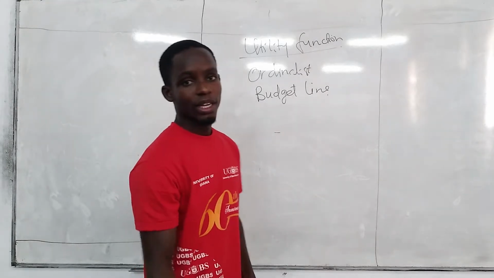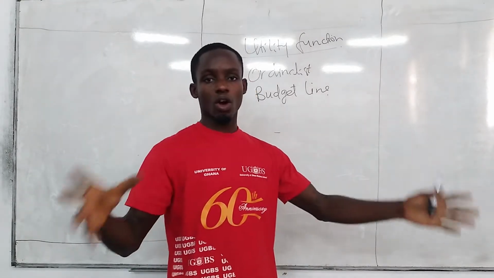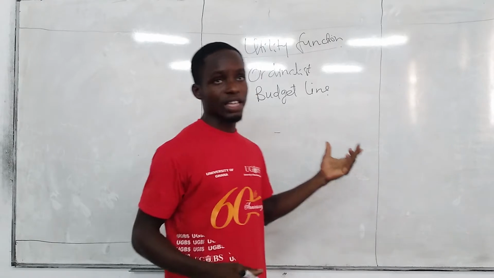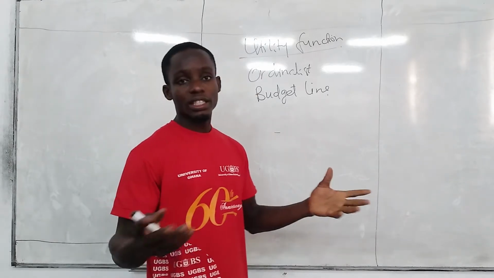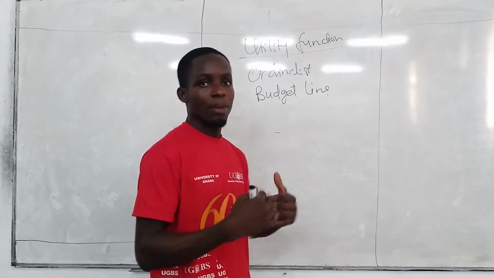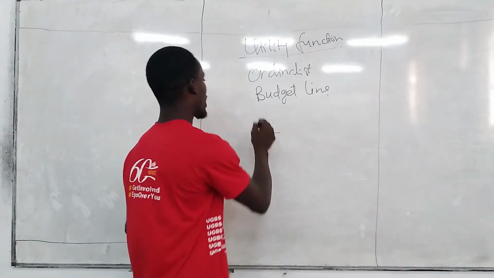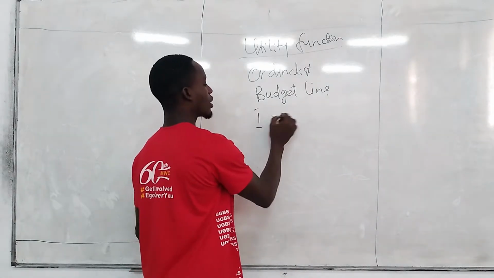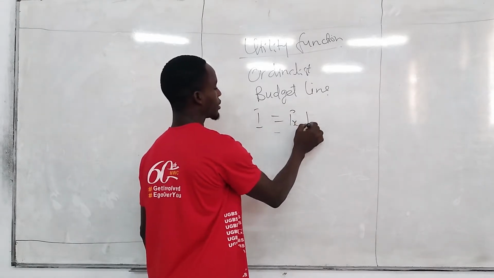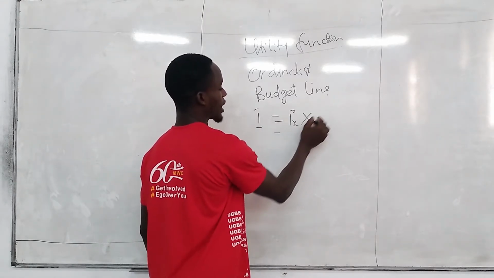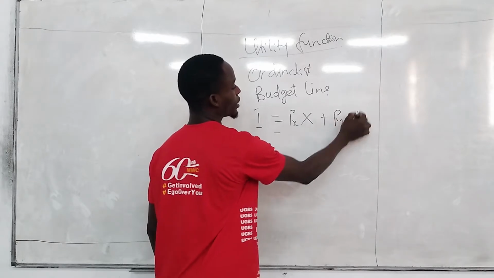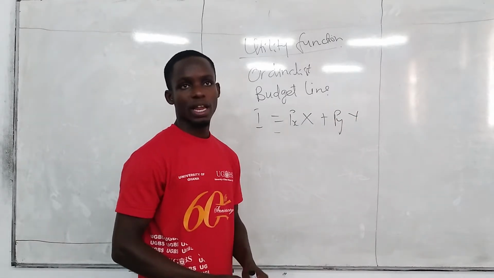Alright. The next thing that is very important that we must all know is that here you have your income that you are spending on a couple of goods, that's good X and Y. So when you are asked to state your budget constraint, your income equals those goods with their respective prices. So I can have my income equals price of X times X plus price of Y times Y. As simple as that.